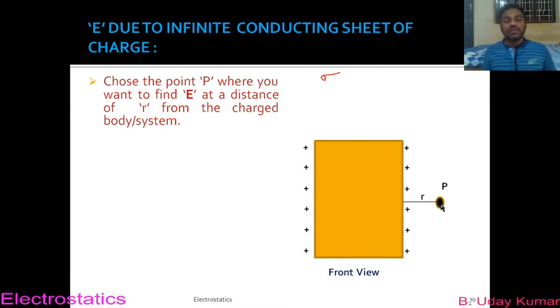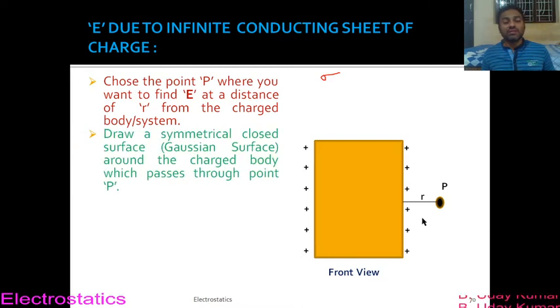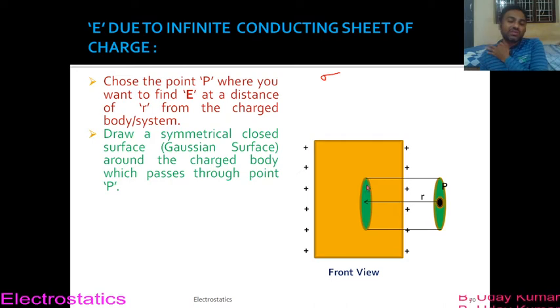Anyway, here the Gaussian surface or the closed surface that is passing through point P and which is also symmetrical is going to be a cylinder. That cylinder looks like this, so please check it out. This is the cylinder which is taken as horizontal. Now the height of the cylinder is 2r. What is the height?